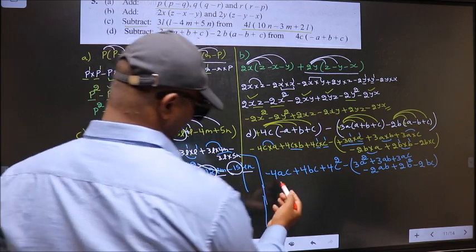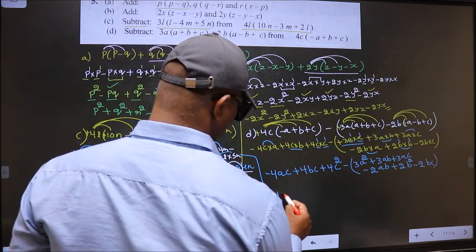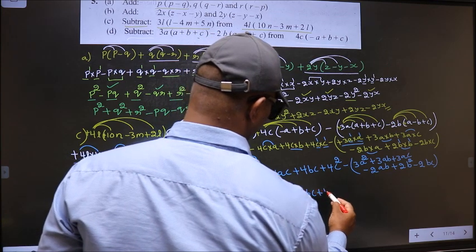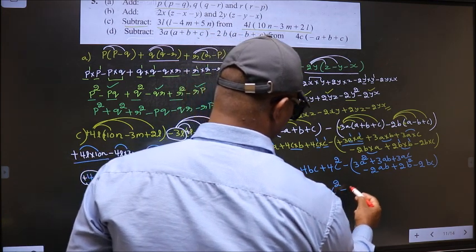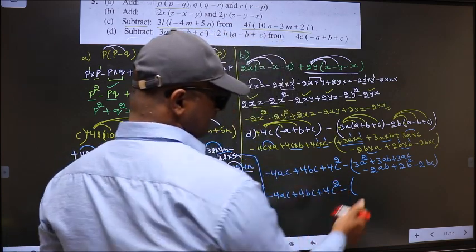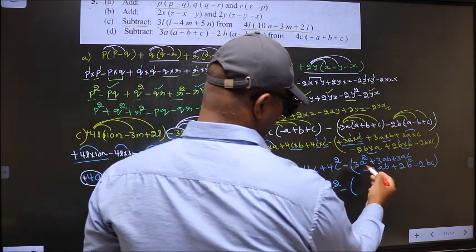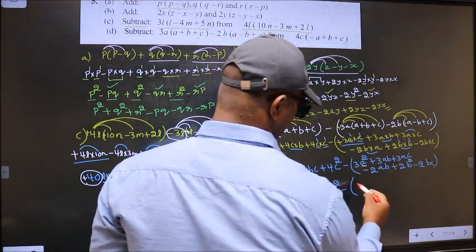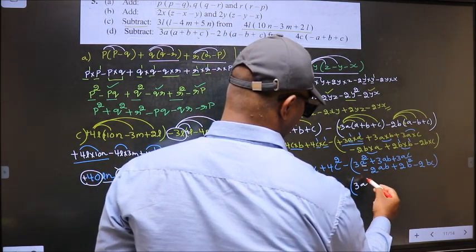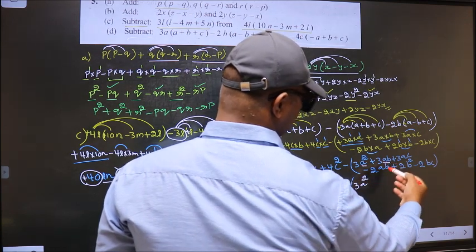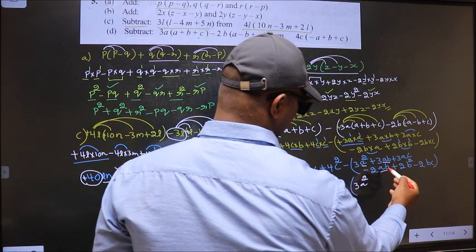Now here no change. Minus 4AC plus 4BC plus 4C square minus, let us simplify this. Here it is A square term. Do we have anywhere else A square? No. So you write as it is. Next is AB term. Do we have anywhere else AB term? Yes, here.